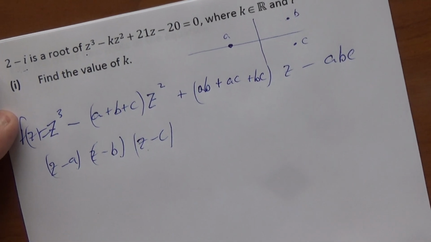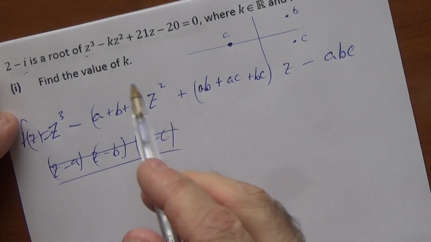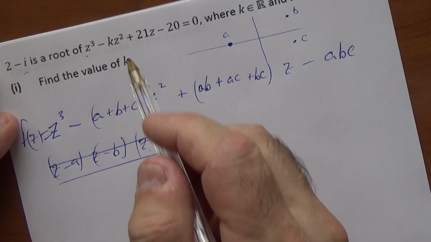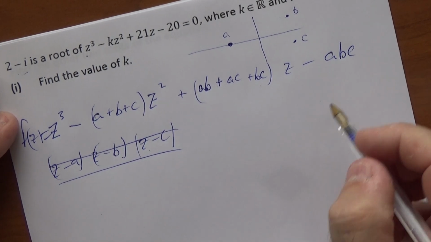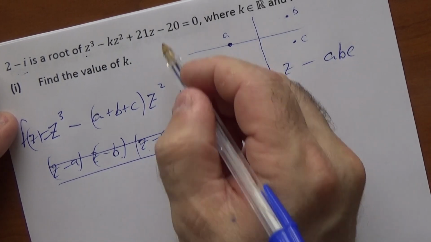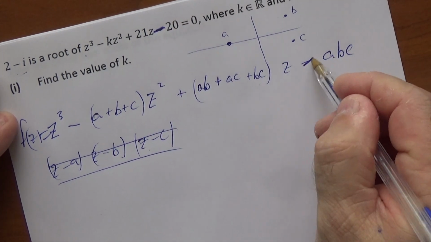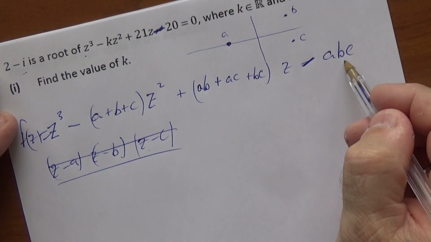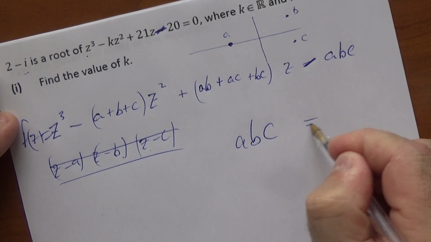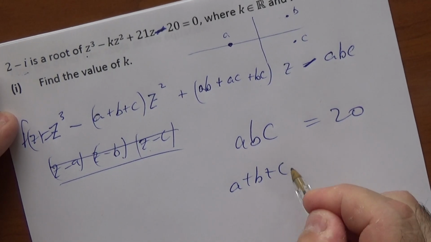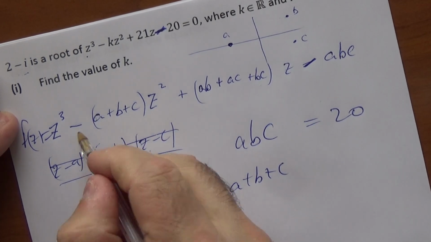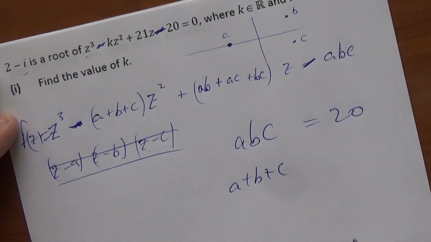Okay. So when we think about this, we can find k very quickly by noting that abc is 20. Those minuses correspond. And a plus b plus c is k, because again those minuses correspond.